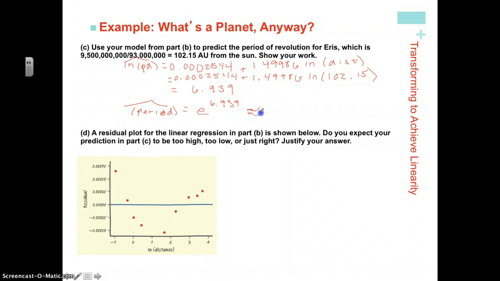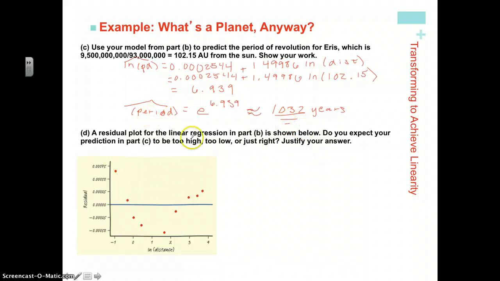Actually, it's about 1,032 years, which means we'll never actually know if our prediction is true.